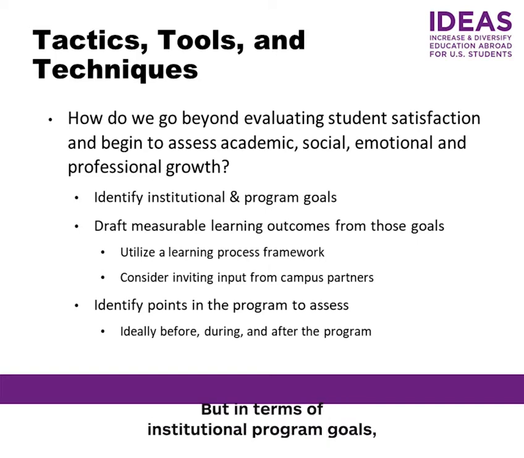But in terms of institutional program goals, as we said, we're all part of an institution of higher learning whose mission is dedicated to education, learning. So what are our programs doing to support that? Then from those goals, we would want to be drafting measurable learning outcomes.